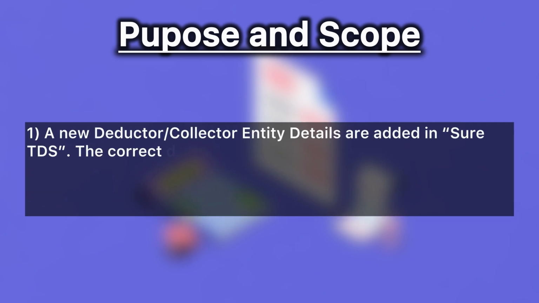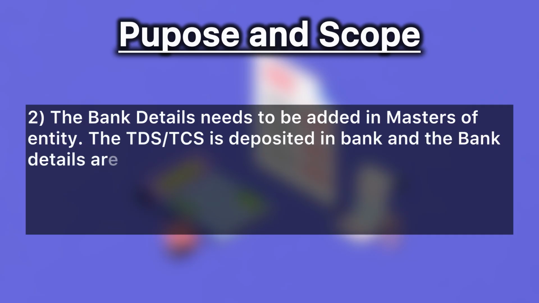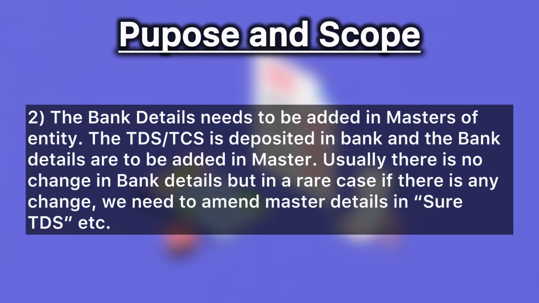One is the entity detail of the deductor or collector, as the case may be, and the other is the bank details of the branch from where the challan of TDS or TCS is deposited. Adding the master information of the entity and the bank branch are the first two important key steps before you can start working on preparing any TDS and TCS returns.